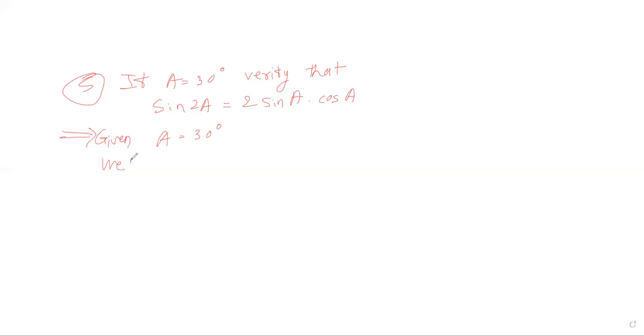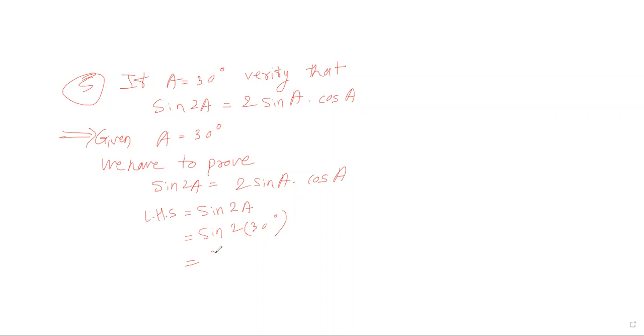Now we have to prove sin 2A is equal to 2 sin A into cos A. The left hand side is sin 2A, and A is 30 degrees.